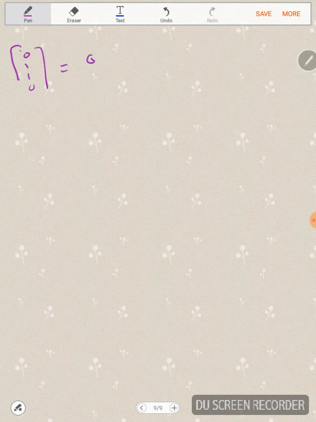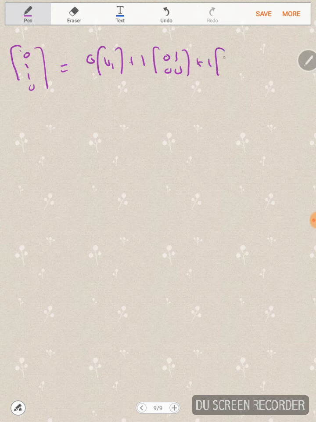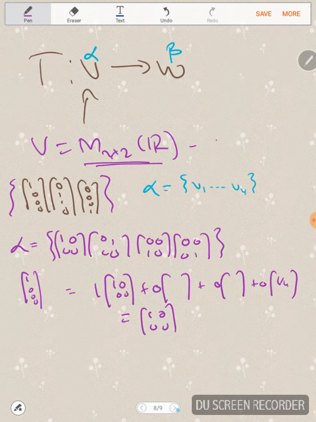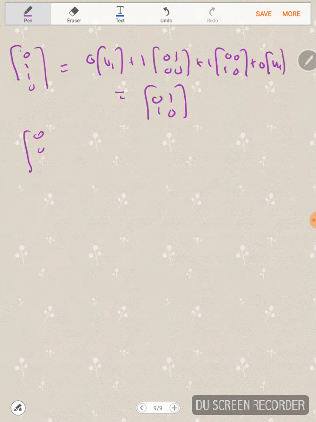It's going to be 0 V1 plus 1 V2, which was 0 1 0 0, plus 1 V3, 0 0 1 0, plus 0 V4. And that gives you 0 1 1 0. And similarly for the last one, 0 0 0 1, you can rewrite that out and it'll give you 0 0 0 1.